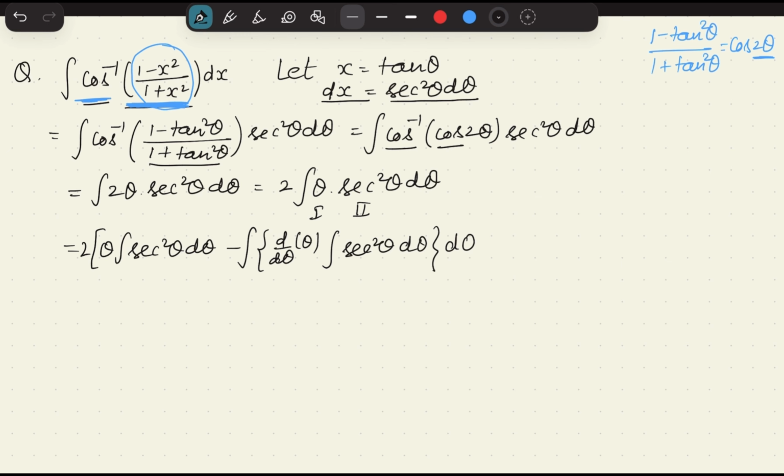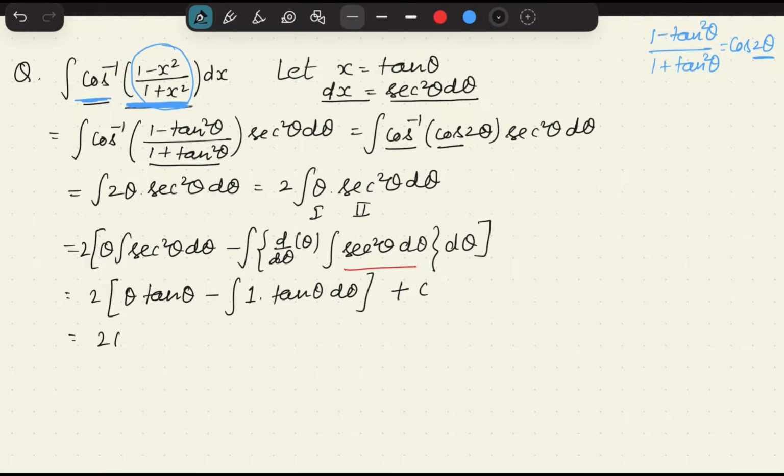So we will get theta, integration of sec square theta is tan theta, minus differentiation of theta with respect to theta is 1, and integration of sec square theta is tan theta d theta, plus c.